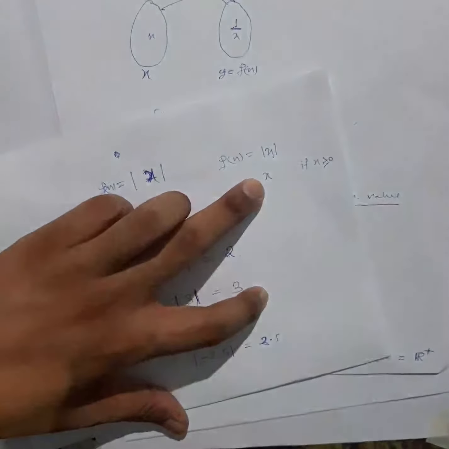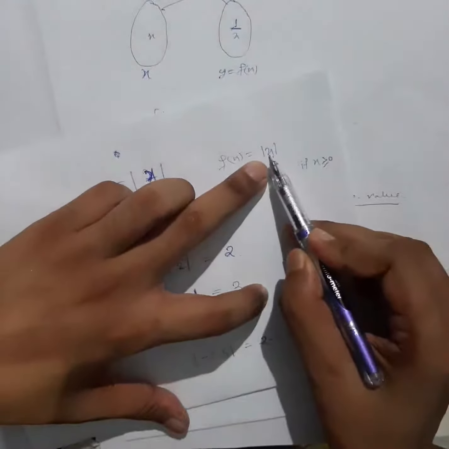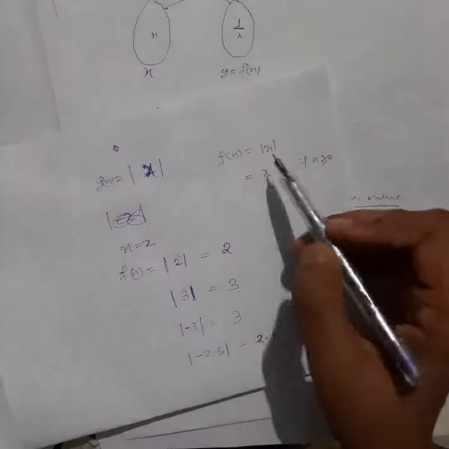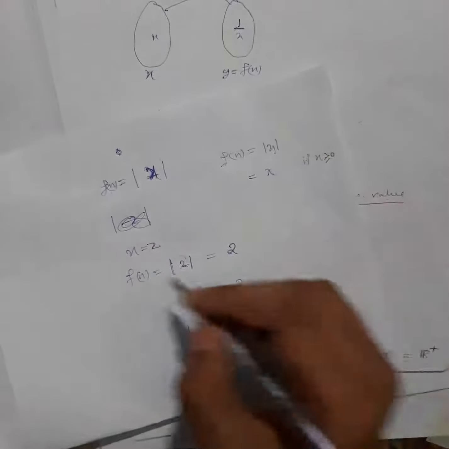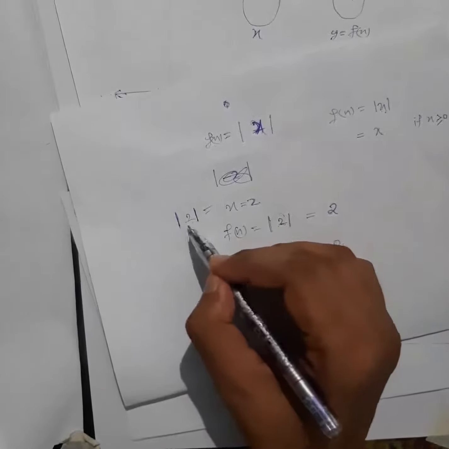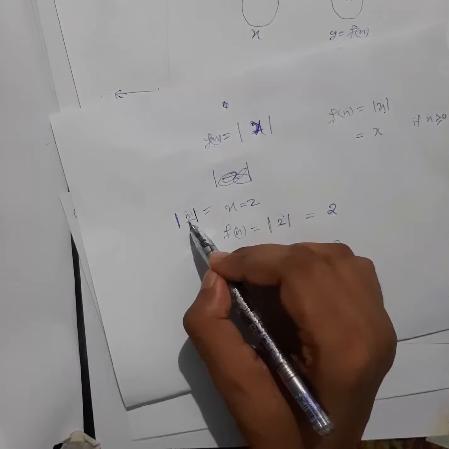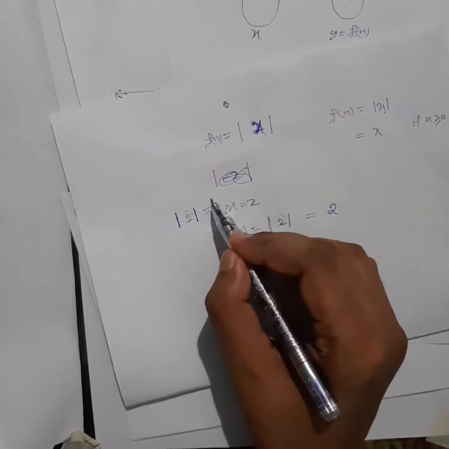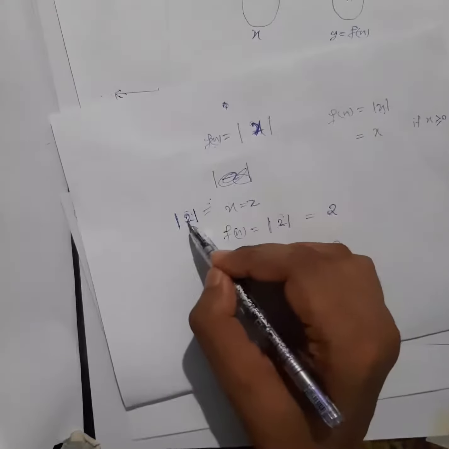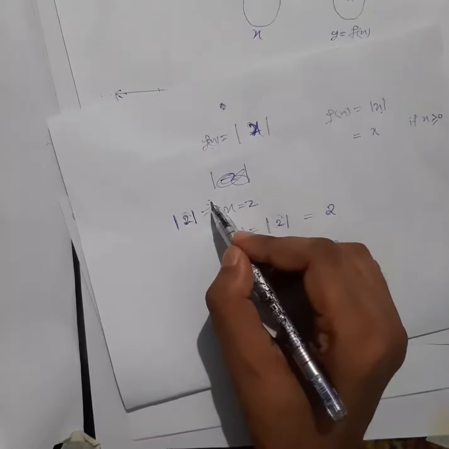If I take x as 1, the output will be 1 only. If I take 2, the output will be positive only. Modulus function, whatever value you have here, gives the output as a positive value only. If it is negative, then also positive. If it is positive, the same positive number comes out.